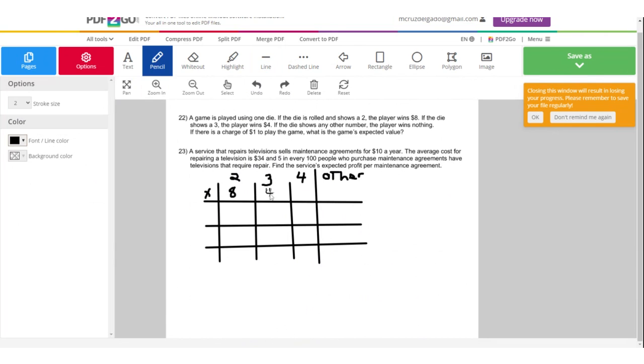And if they get a 4, oh, wait a minute. So there was no other.